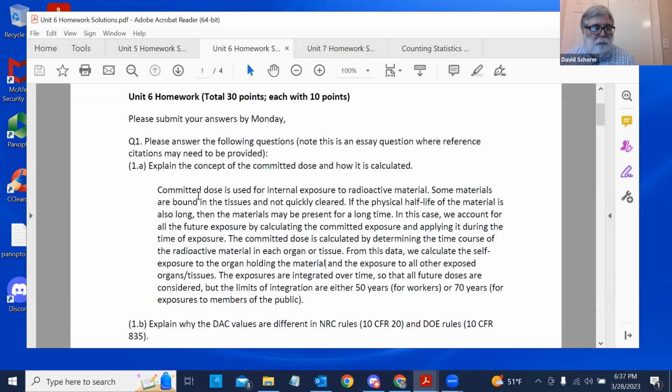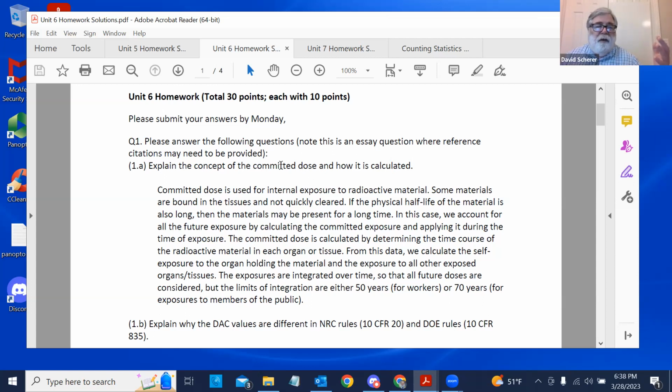It's most useful for calculating effective dose or dose equivalent. But it can also be used for organ doses, which are committed doses not added up for the whole body. So if I want to know the dose to the thyroid, I can talk about a committed dose to the thyroid, or a committed dose like the one we do about radium, where we have a very long half-life. I think it's in this assignment. You can have a committed dose even if you don't use it as a weighting factor to get the effective dose for the whole body.